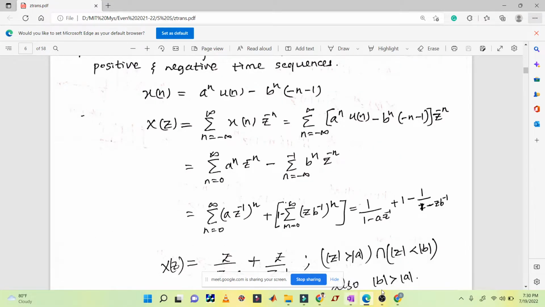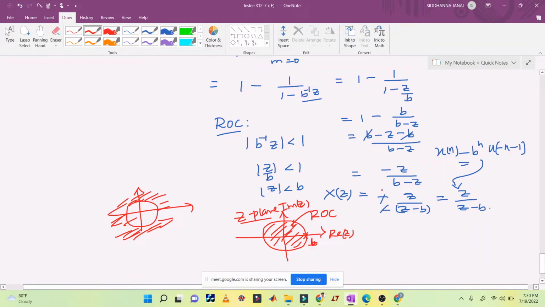Okay, let me clear again here. You can see X of z is positive, correct? X of z is positive here for x of n is equal to minus b power n u of minus n minus 1. Here we had minus, still we are getting positive here.